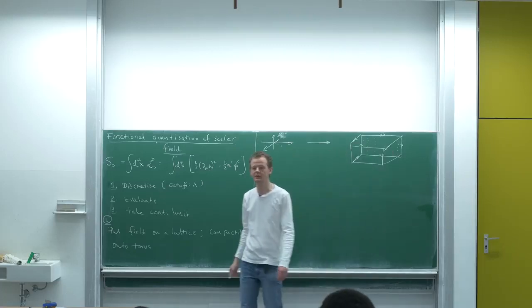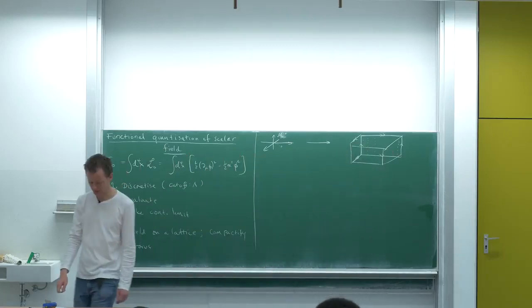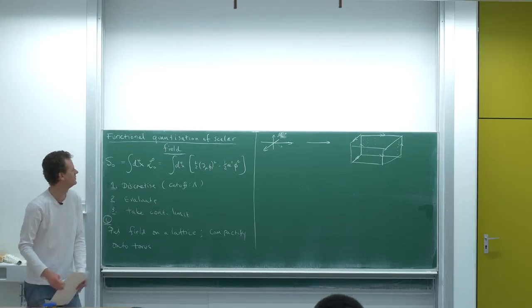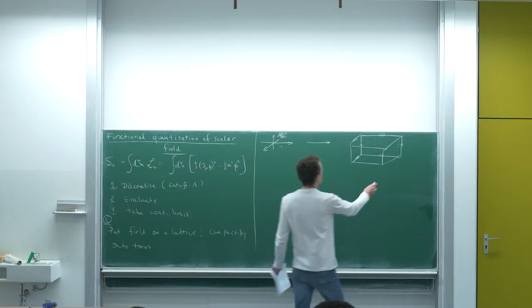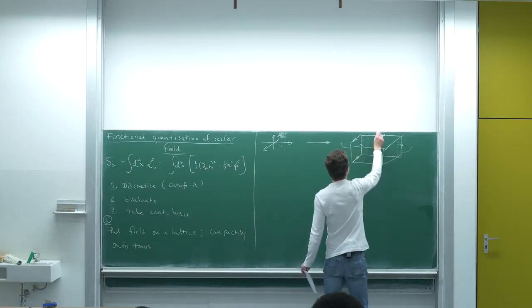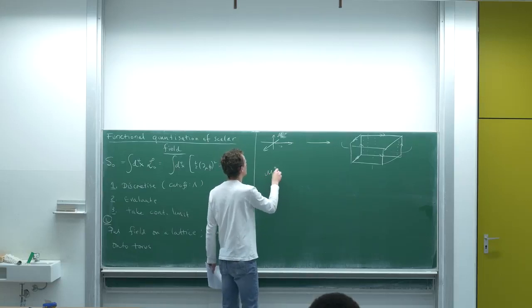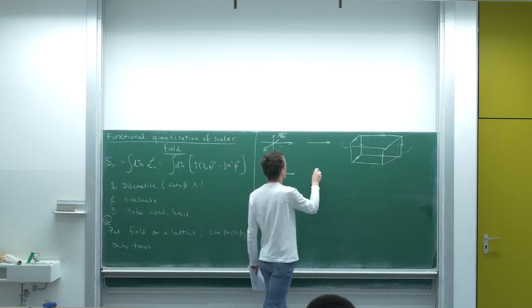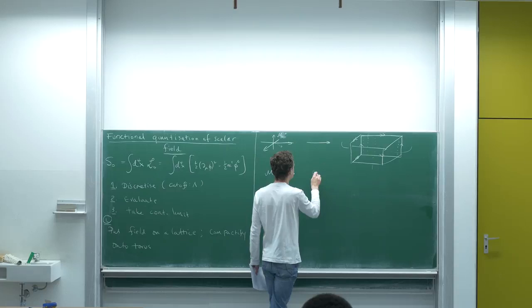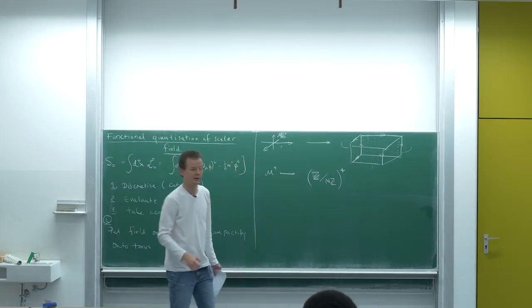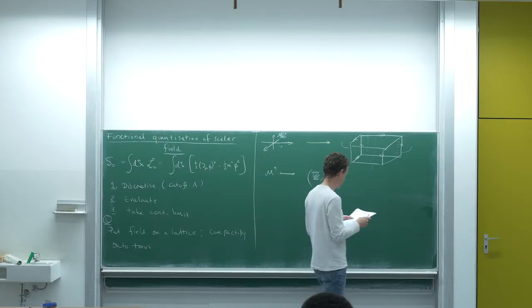So we discretize everything onto a finite latticelet. So this side is identified with this side, and that with that, and so on. N is a number, it's typically a very big number.